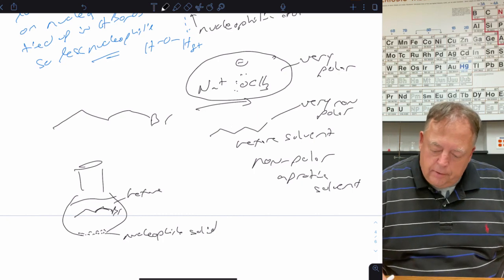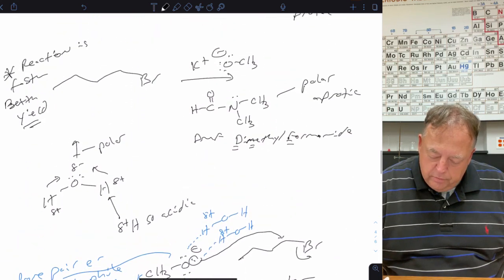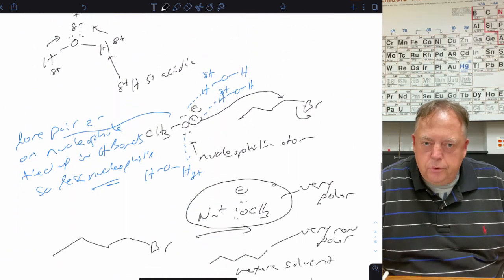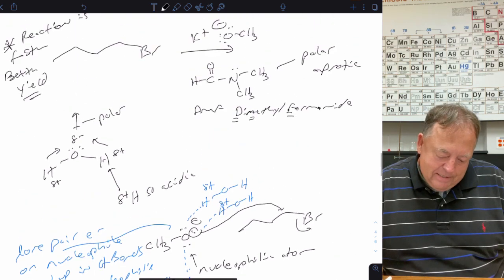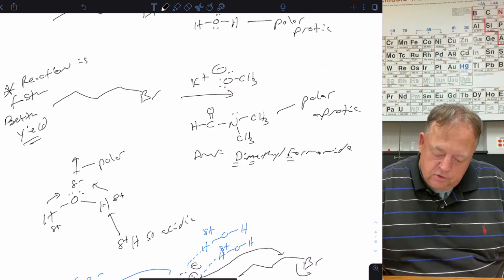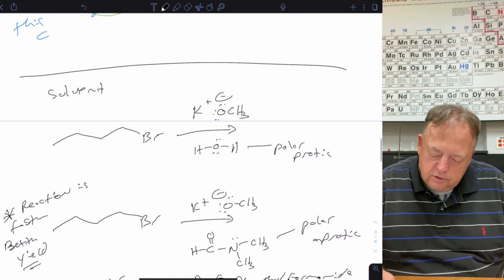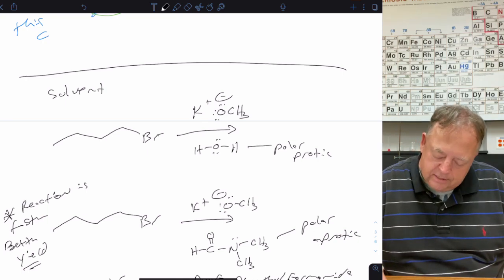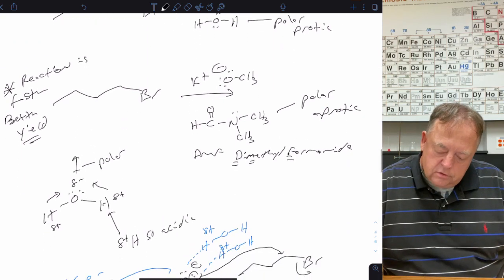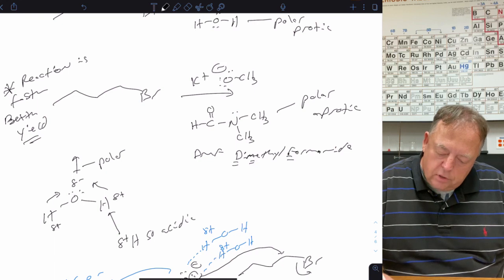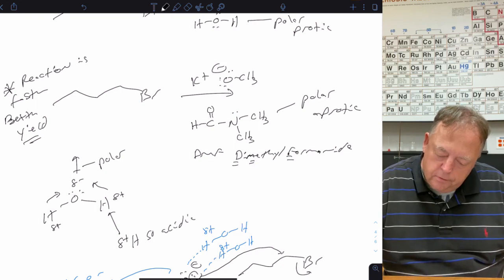So nonpolar solvents are not good for SN2 because you'll typically have very polar nucleophiles that you need to dissolve. And protic solvents are not good for SN2 because they hydrogen bond to the nucleophile and decrease its nucleophilicity. So polar aprotic solvents are ideal. So this is polar, and that's going to help dissolve.